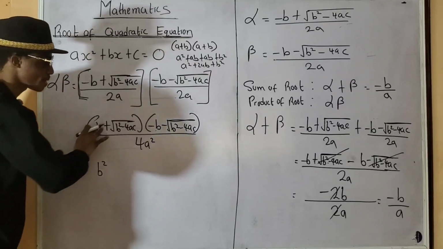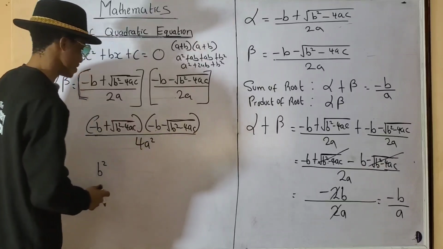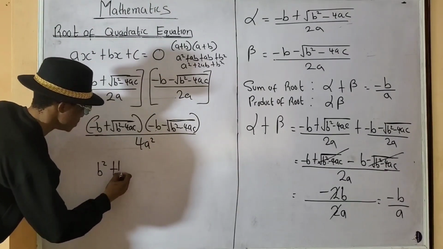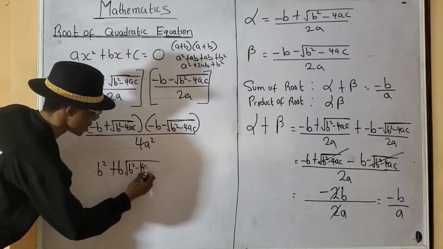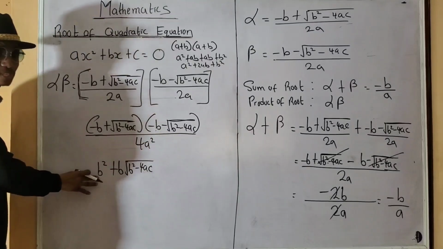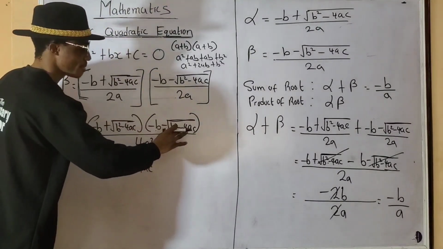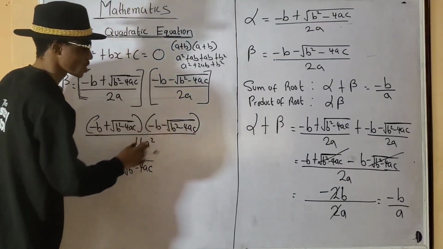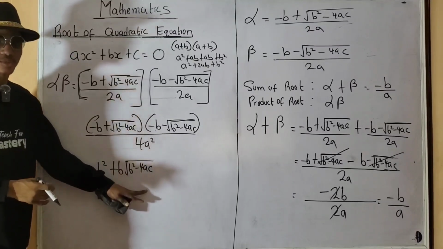Minus b multiplied by minus square root of b squared minus 4ac, that will be plus b square root of b squared minus 4ac. Are you following? Minus b times minus b gives me b squared. Minus b times minus square root of b squared minus 4ac: minus times minus will give me plus, so b times square root of b squared minus 4ac.